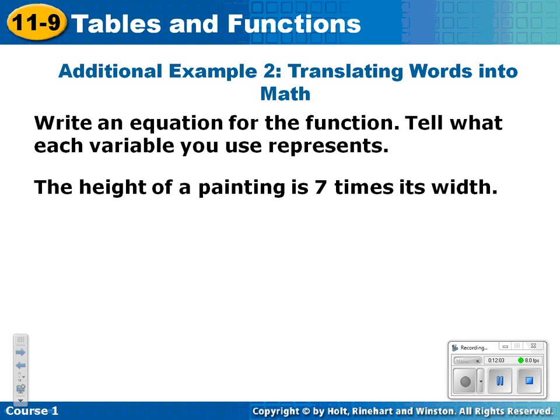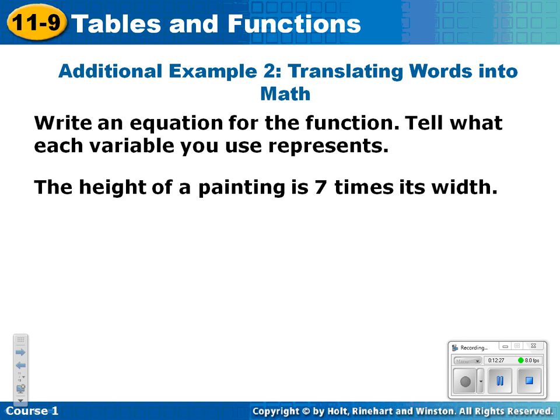Tell what each variable you use represents. Let me put it in terms that we have used this year. Make this word sentence a number sentence. Okay? We have a word sentence. We want to make it a math sentence, a number sentence. What do we have to do?